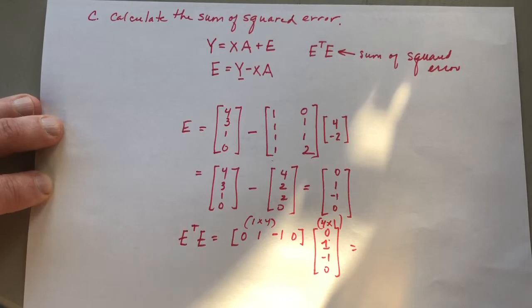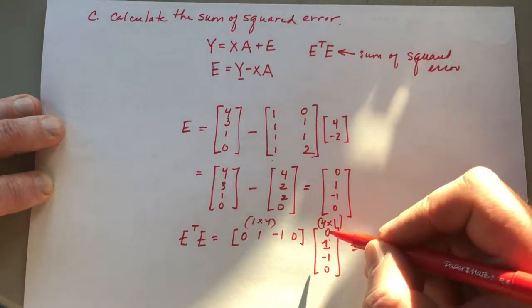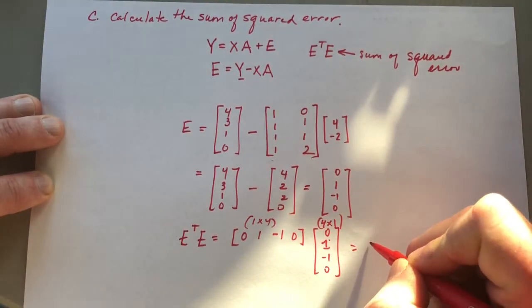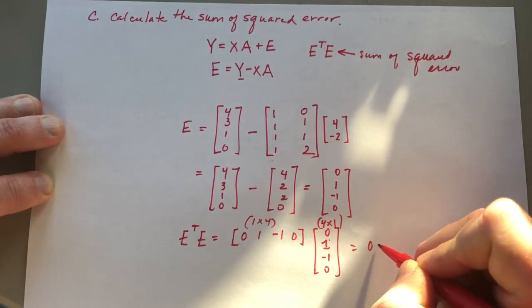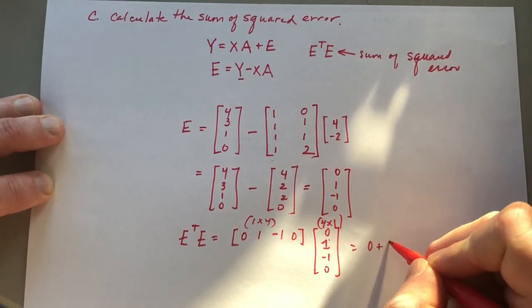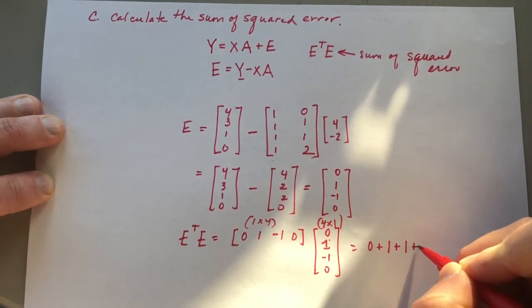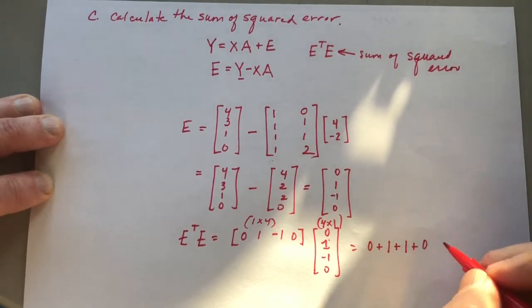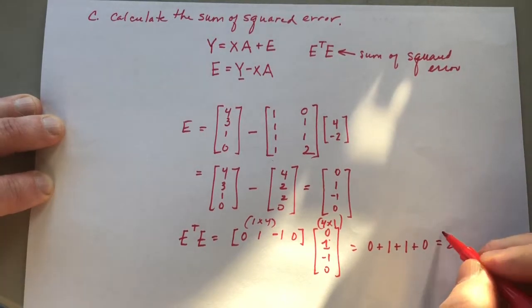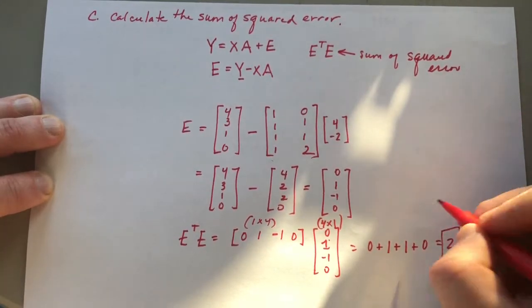It's just going to be a number. So I end up getting 0 times 0, which is 0, plus 1 times 1, which is 1, plus -1 times -1, which is 1, plus 0 times 0, which is 0. Well, that's 2. And that's my sum of squared error.